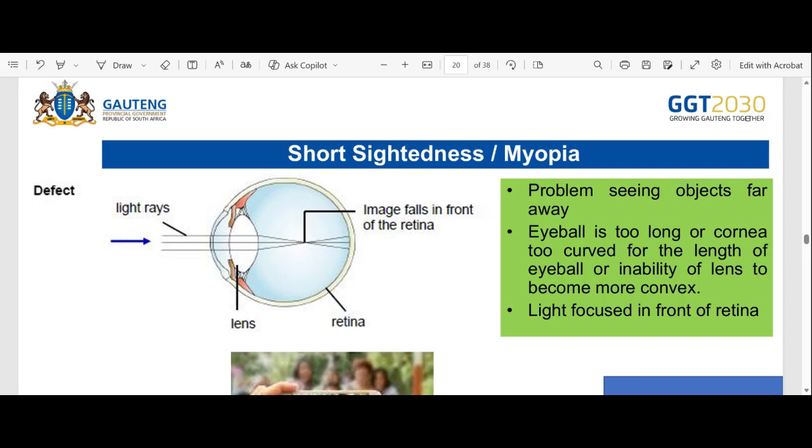So the image falls in front of the retina because the eyeball in short-sighted people is longer than normal and the lens is failing to be less convex. That causes the image to fall in front of the retina.